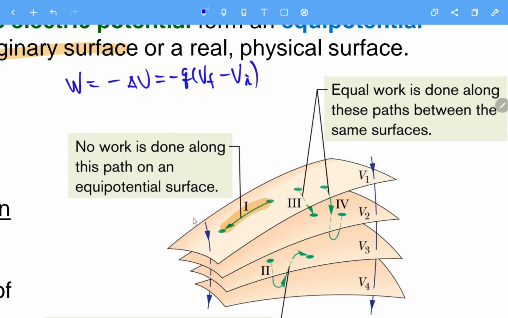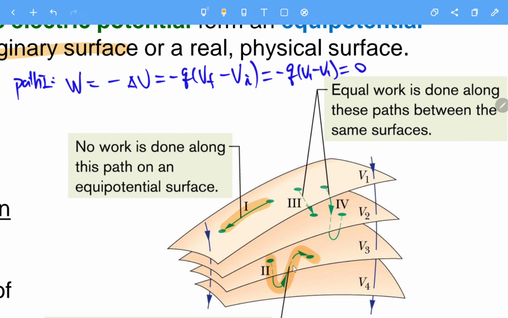For path 1, Vf and Vi are both V1, so it is negative Q times V1 minus V1, which is 0. For path 2, you can see that this path does not lie on the surface V3.